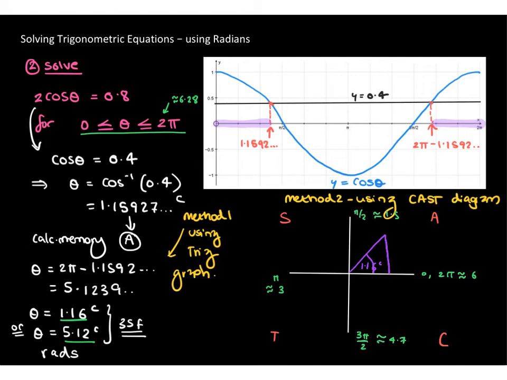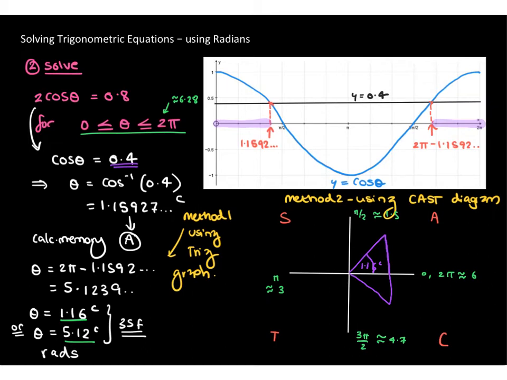And I need to now reflect that into another quadrant where cos is positive, because again, I'm solving here cos theta equals 0.4, and 0.4 is a positive value. The only quadrant I can flip into, which is where cos is positive, is down here.